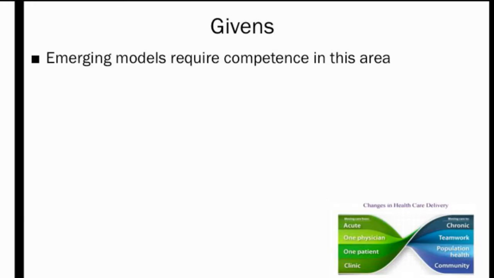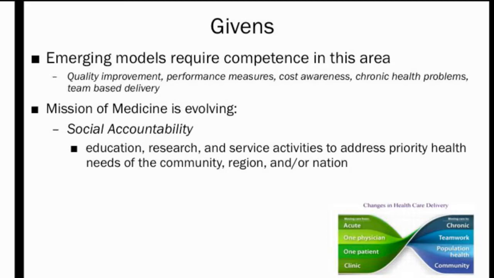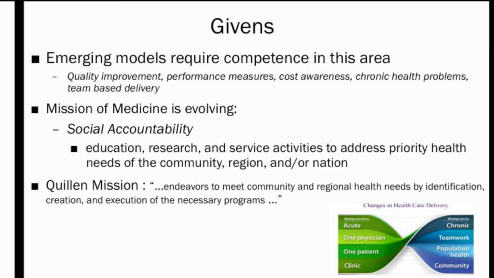A couple of other givens. We know that emerging models of healthcare are going to focus on looking at outcomes, quality improvement, and cost benefit of care, and we're going to be measured on those. We also know that medicine is paying increasing attention to social accountability and the social mission of medical education.